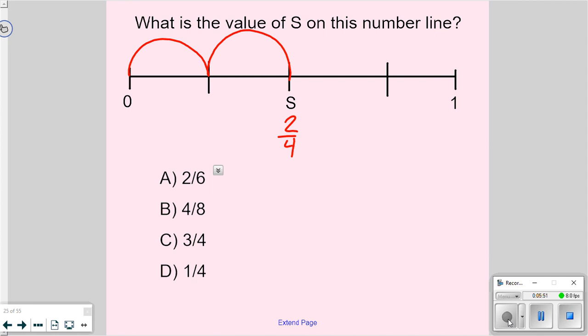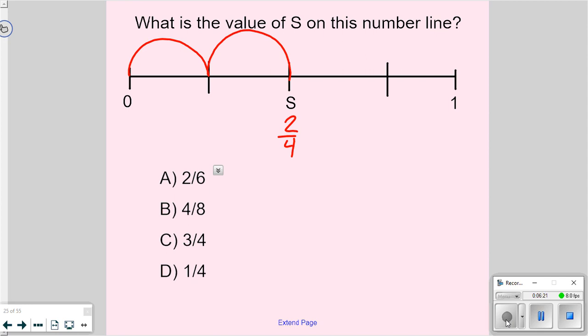You are getting out 2 1/4 pieces because we know 100% that S is worth 2/4. Alright, I got out my 2/4 pieces. My first answer choice, which I might go with because it's got a 2 in it. That's cool. Kind of like what I know 2/4 is, 2/6.